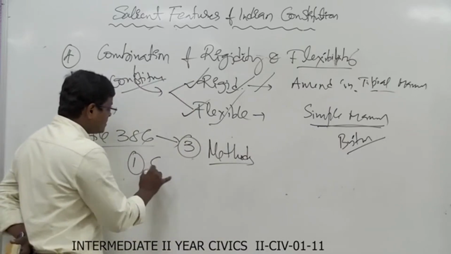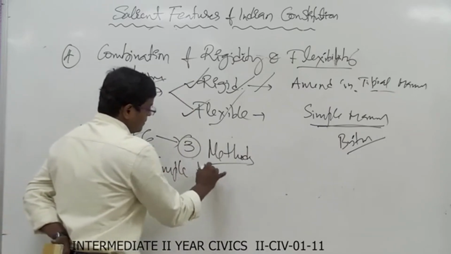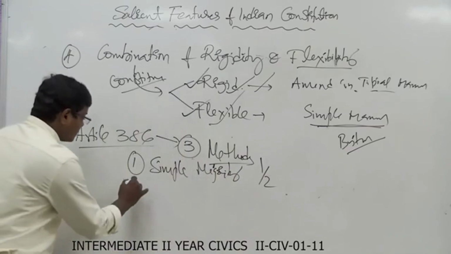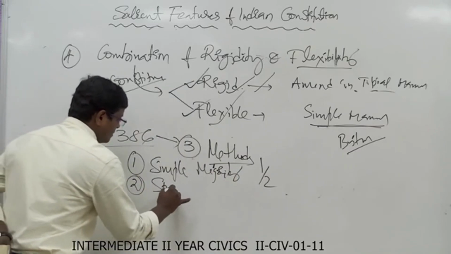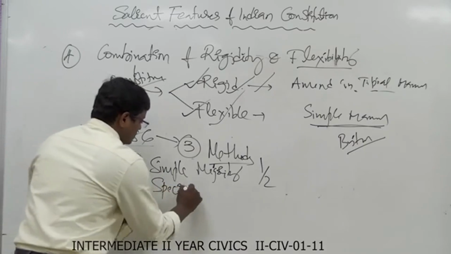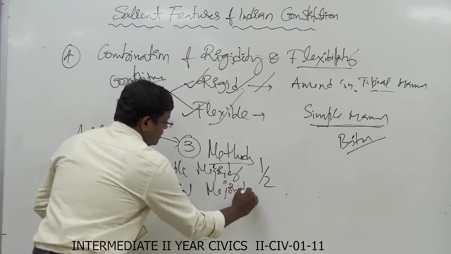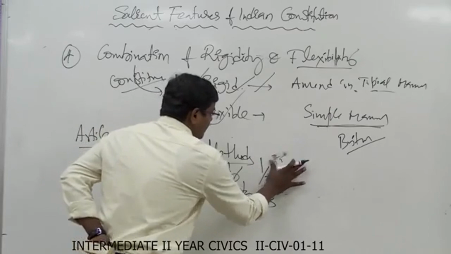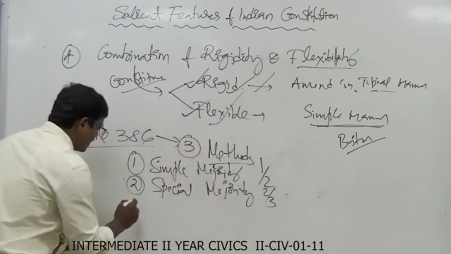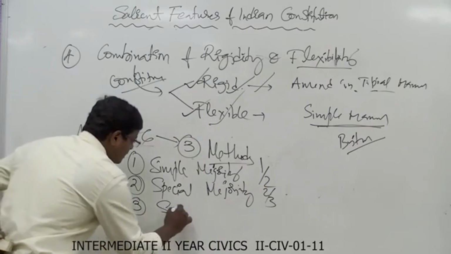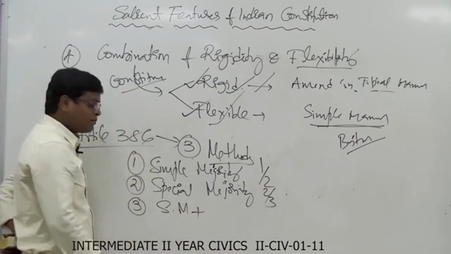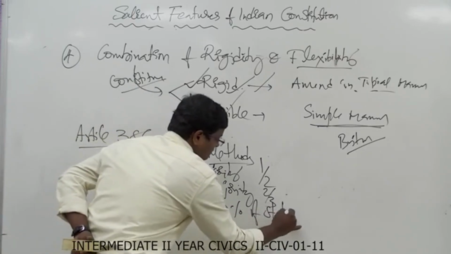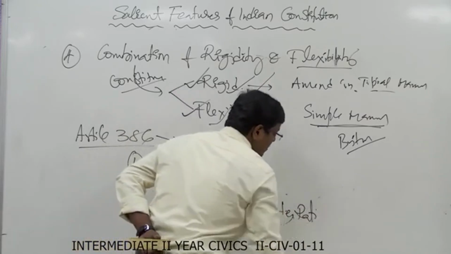One is simple majority, that means half majority. The second one is special majority, which is 2/3 majority. And the third one is special majority with 50% of states' ratification. Keep in mind, all of you.